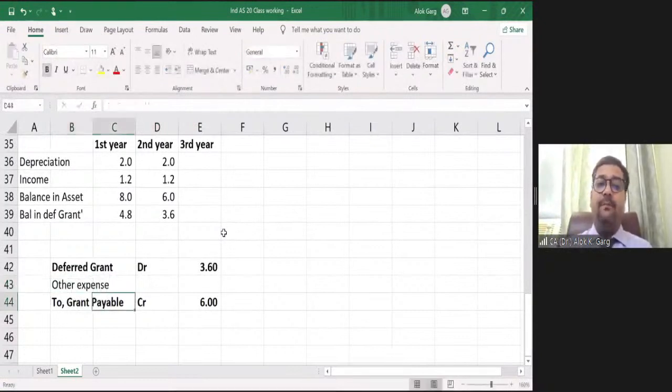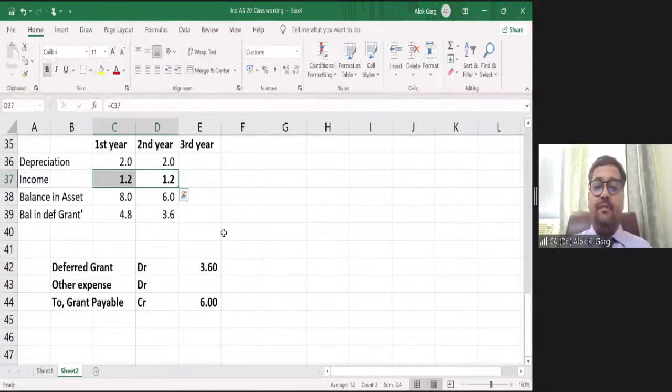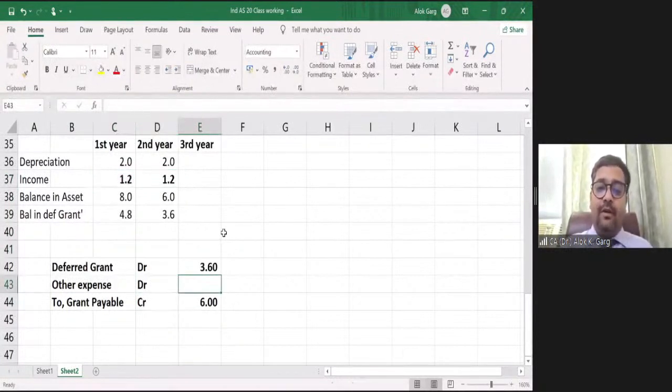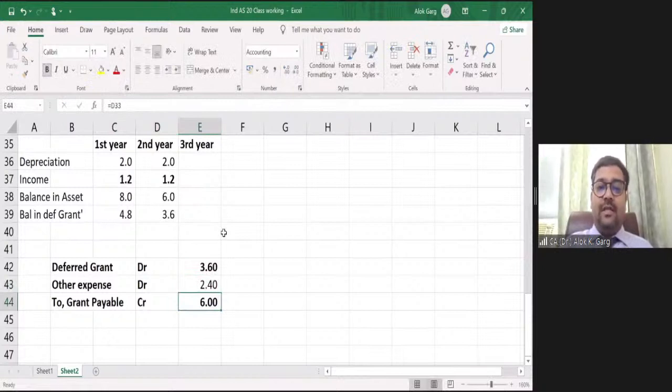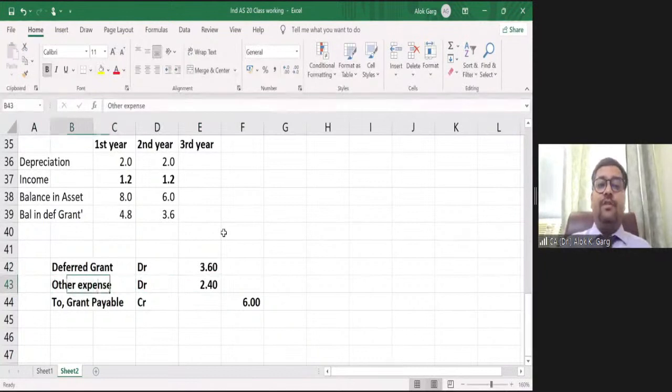Because you have recognized as income 1.2 plus 1.2, 2.4. And if you reduce this 3.6 from 6, it comes out to 2.4. So this will be the balancing figure. So this will go to other expense.